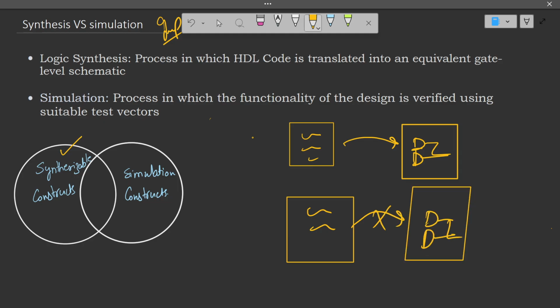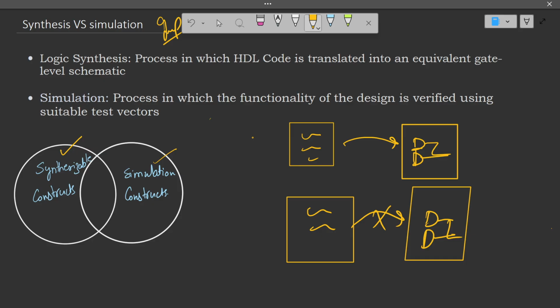So Verilog includes both types of constructs. Some constructs are included only for simulation purposes, so that you can design your test bench in Verilog also, provide the inputs, and check your circuit.